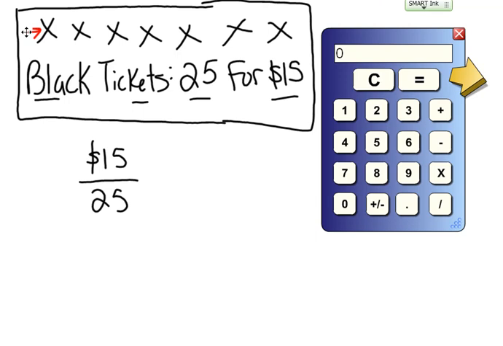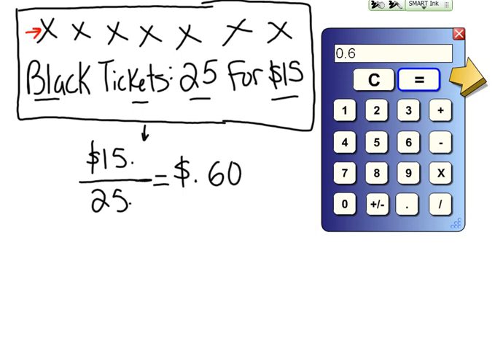We always read every fraction as a division problem, starting from the top and reading down. So it's 15 divided by 25, and we get 0.6, which is the same thing as 60 cents per ticket.